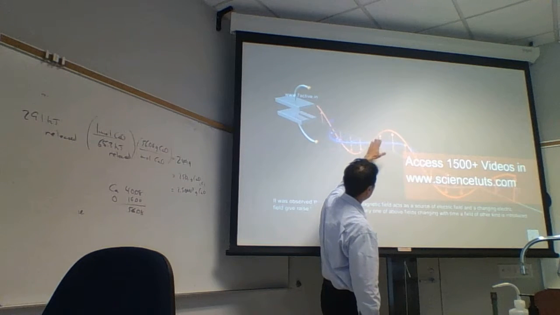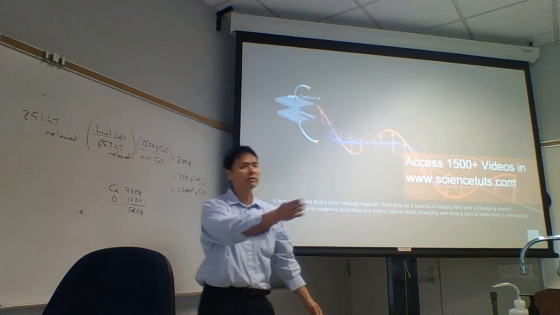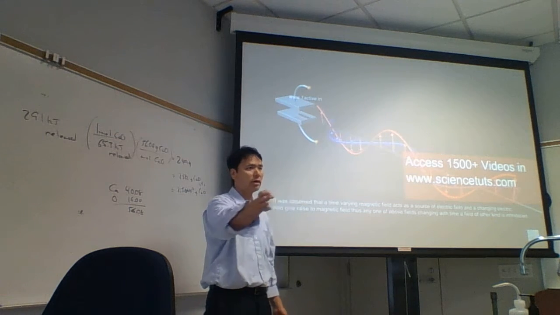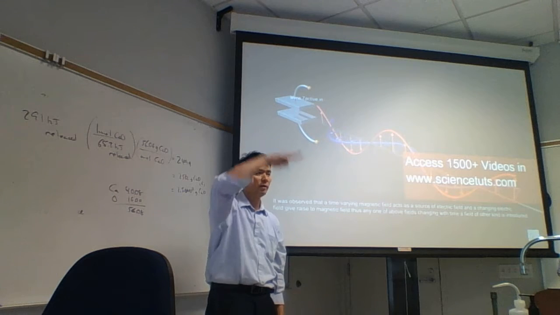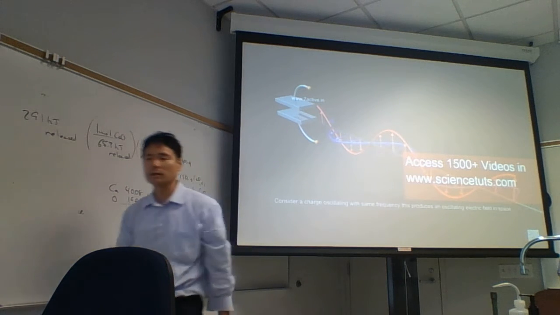One of these is the electric field. The perpendicular to that is the magnetic field. Magnetic field would be oscillating north-south, north-south. Electric field would be oscillating plus, minus, plus, minus.